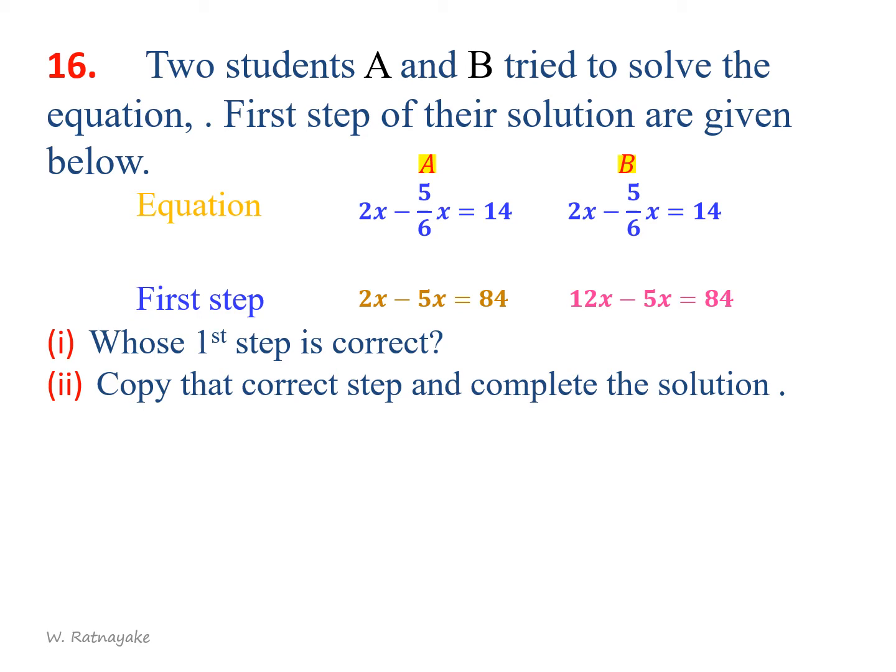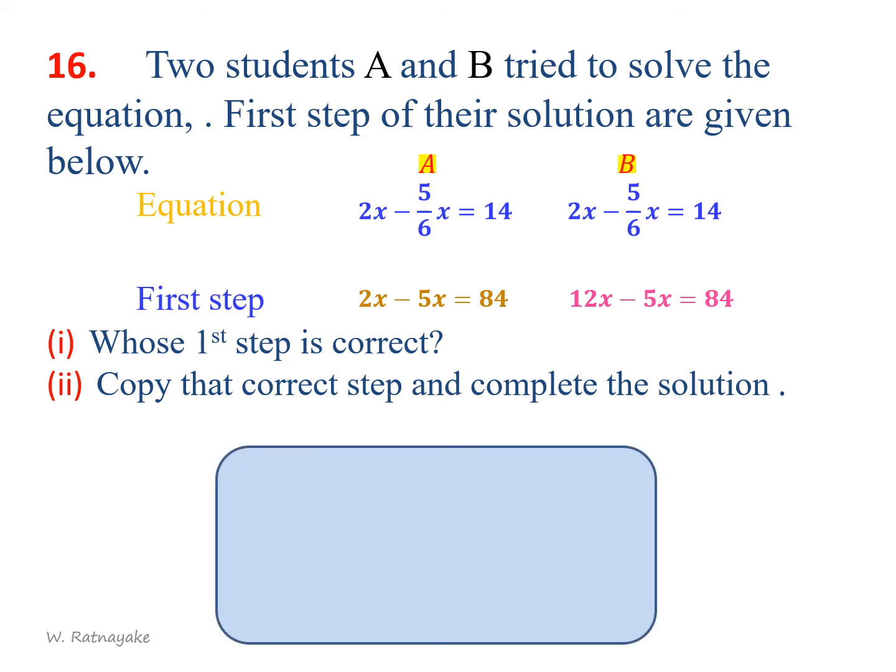To remove this denominator, we have to multiply all the terms of the equation by this denominator. So here, in the equation (2x minus 5x) upon 6 equals 14, we have to multiply all terms by 6. Then 2x multiplied by 6 gives 12x, 5x upon 6 multiplied by 6 gives 5x, and 14 multiplied by 6 is 84.